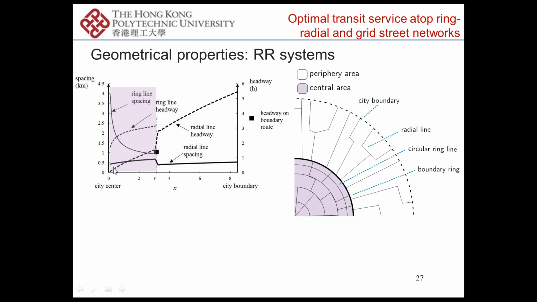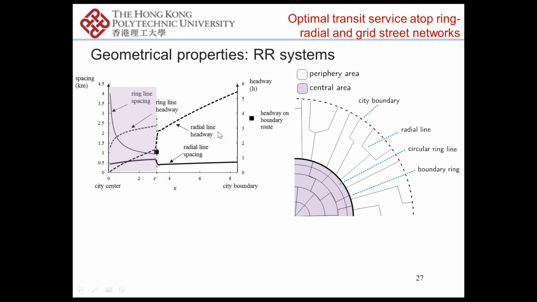And if we look at the radial lines in the central area, we find the radial line spacing is actually increasing, and the radial line headway is increasing too, also as manifested by the right pane. And we note that they continue to increase in the periphery area. However, at the boundary of the central area, there's a discrete jump.